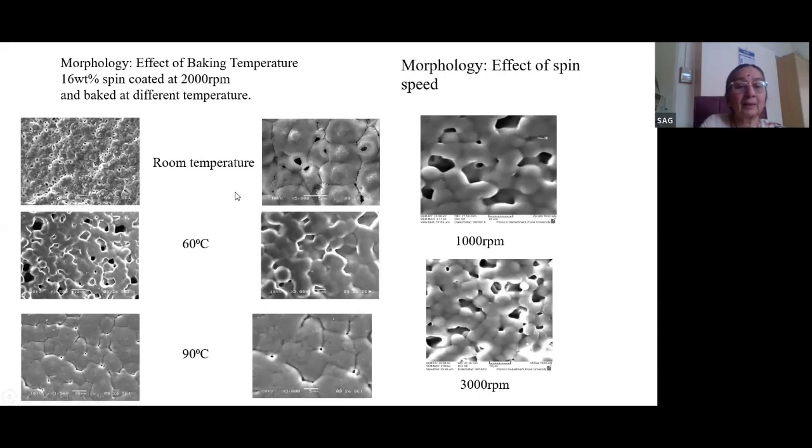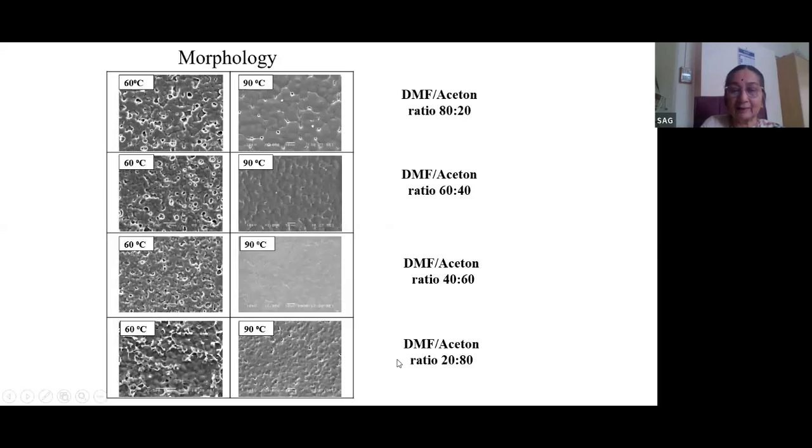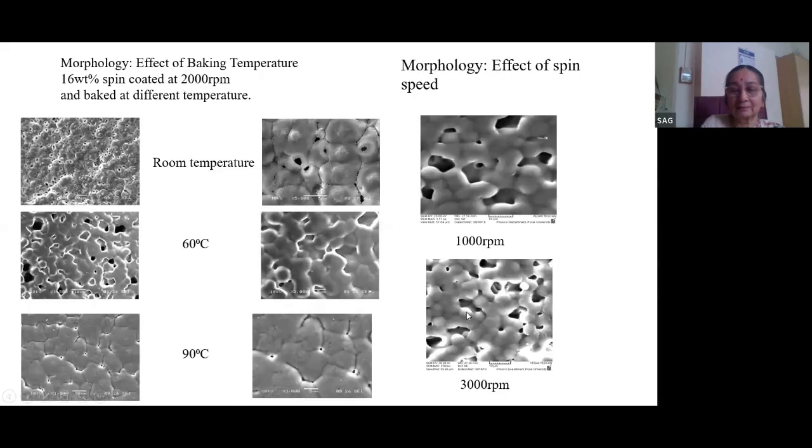If you see at different baking temperatures, you get different porosity and different uniformity of the film. Using all these data, there were pinholes in the 16 weight% spin coated films baked at different temperatures.